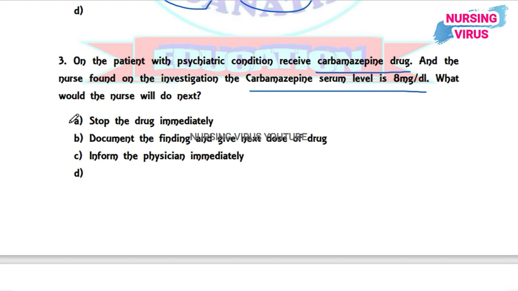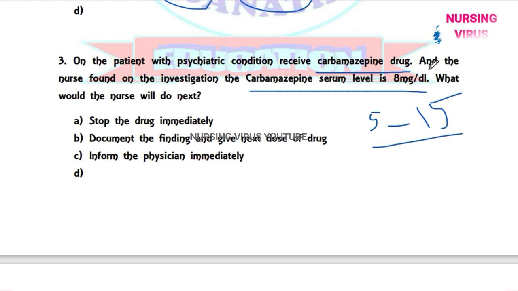The options are stop the drug immediately, document the findings and give the next dose of the drug, and inform the physician immediately. To answer this question we should know the carbamazepine serum normal range, that is 5 to 15, considered the normal drug serum level in the body.